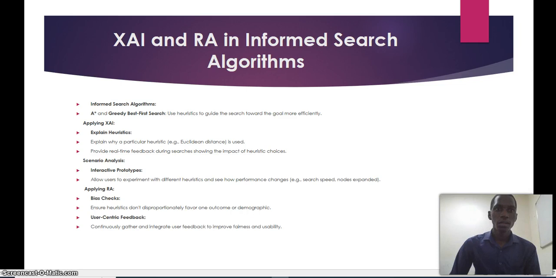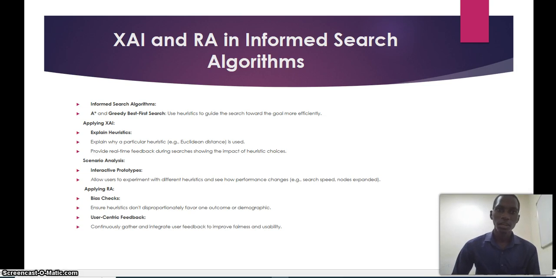Now, let's look at informed search algorithms like A star. These algorithms use heuristics to make searches more efficient. To incorporate explainable AI, we need to do the following: justify heuristics, clearly explaining why a particular heuristic is being used and how it impacts the search process.